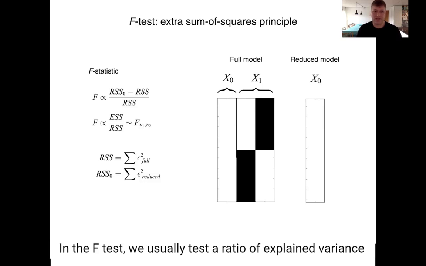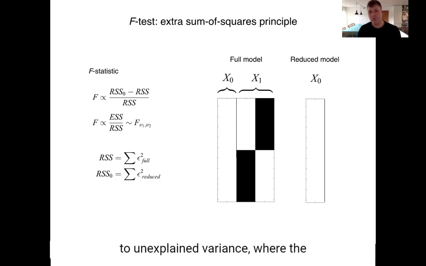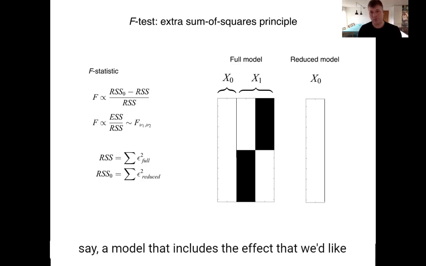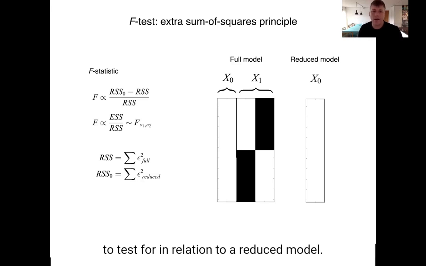So in the f-test, we usually test a ratio of explained variance to unexplained variance, where the residual sum of squares, RSS, as we'll see in a moment, is given by the sum of squared errors of a full model, say a model that includes the effect that we'd like to test for, in relation to a reduced model.